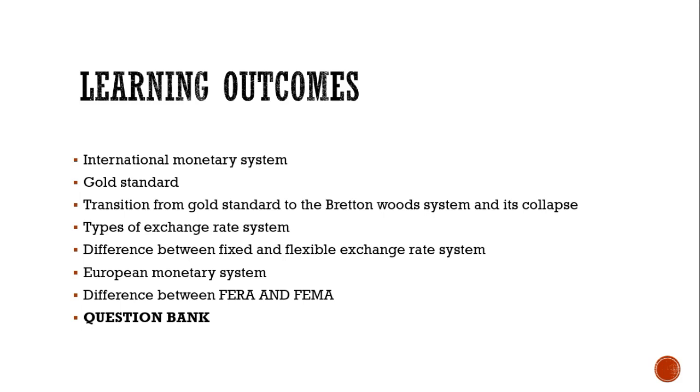And then we learned about how it got collapsed. And then we had a few animated clips to have a glimpse over the entire evolution. After that, we also learned about various types of exchange rate system which is prevailing in the current era. So the first 4 topics were already covered in the first video lecture that we had undertaken.